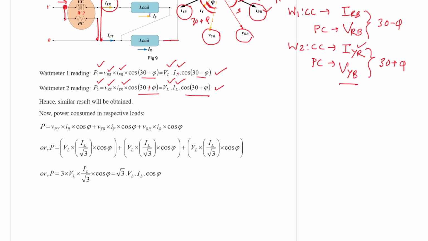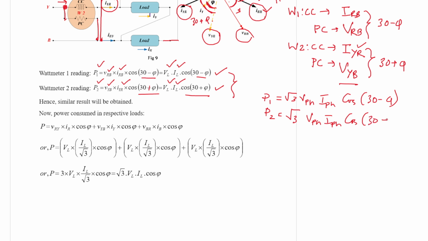So we are experiencing the same result that we observed in the star network, where P1 was root 3 V phase I phase cos of 30 minus phi, and P2 was root 3 V phase I phase cos of 30 plus phi. Exactly the same result we are observing here also.